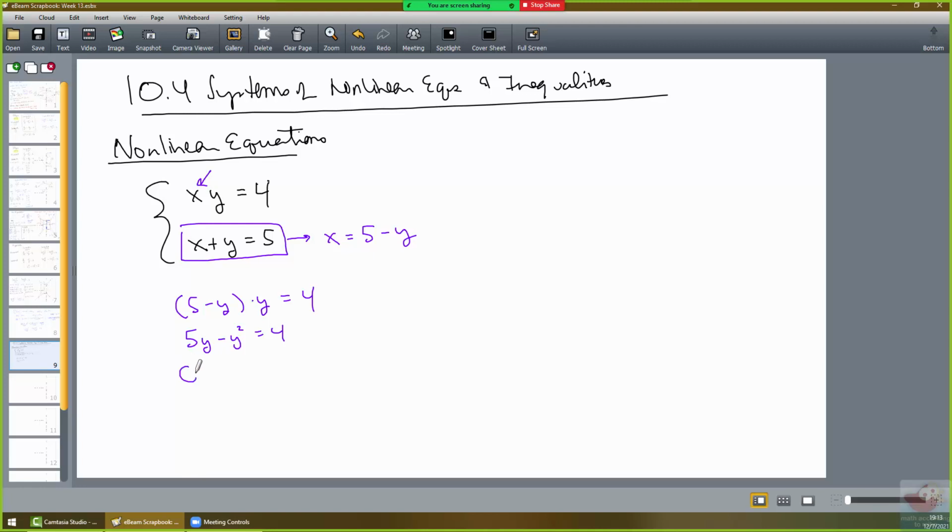If we brought everything over to the right and rearranged terms, we'd get y squared minus 5y plus 4 equals 0. And how does that factor? What multiplies to positive 4 but adds to negative 5?